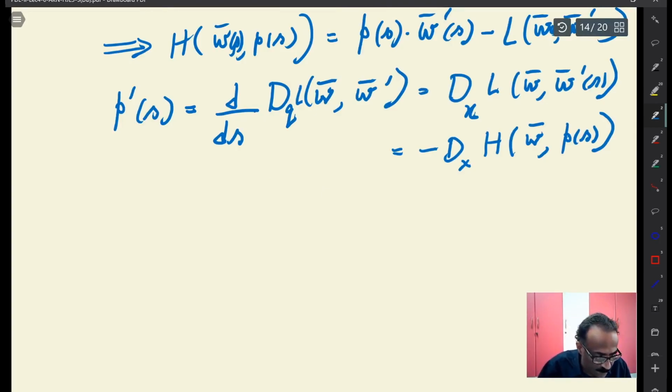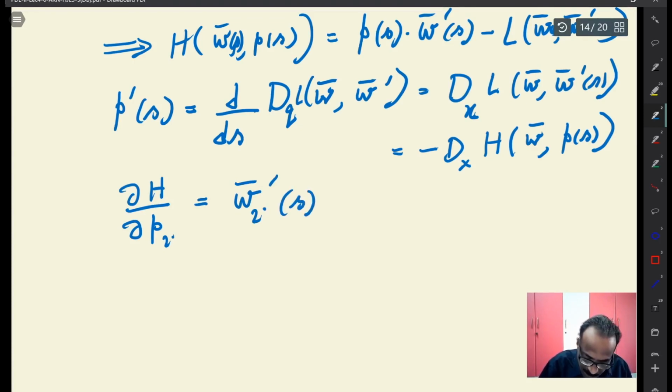So you will have that. Yeah, so you have that one. Dx of L is nothing but that equation. And we can also prove that if you compute your dH by dPi, you can easily show that di prime of S. And as an exercise, you can check this.